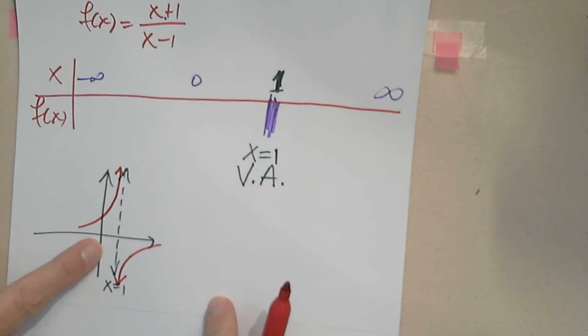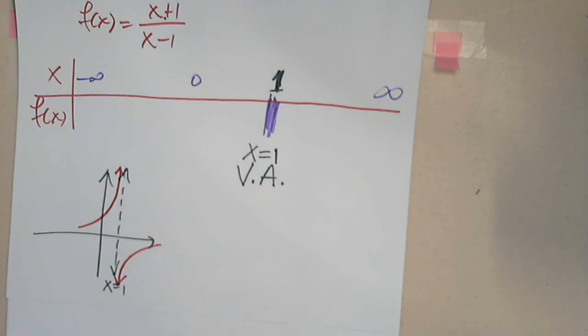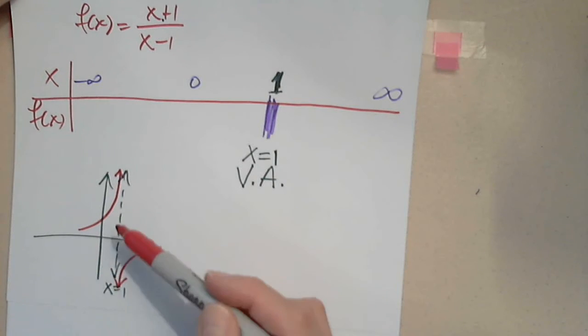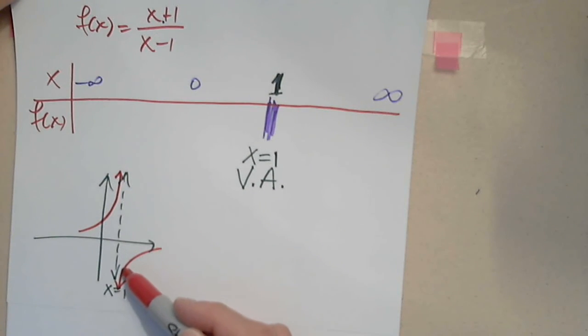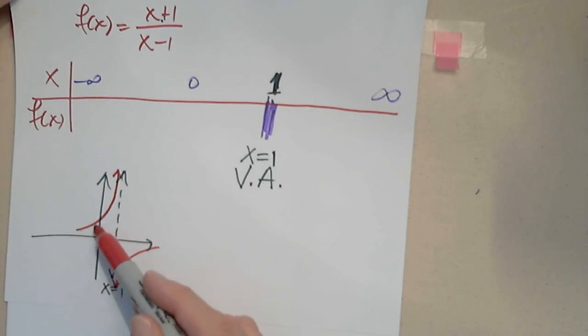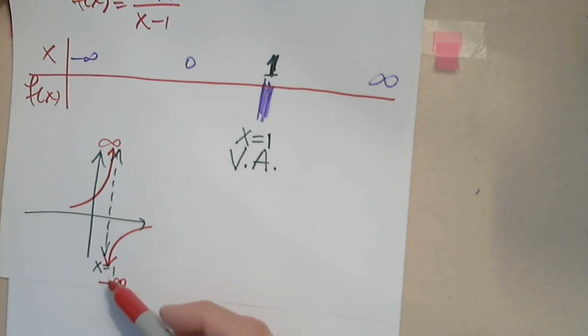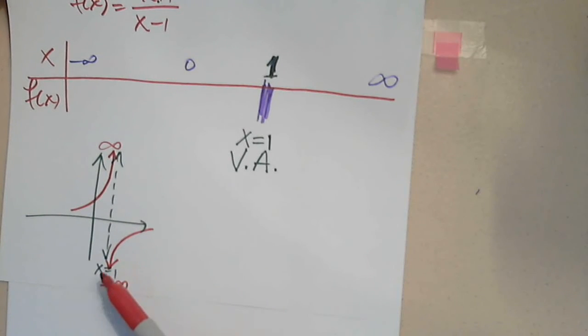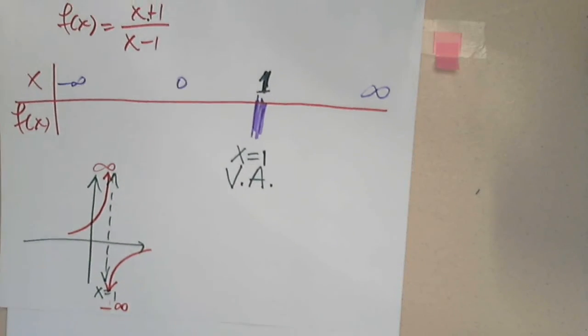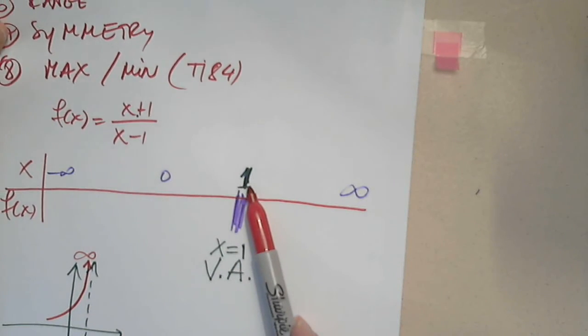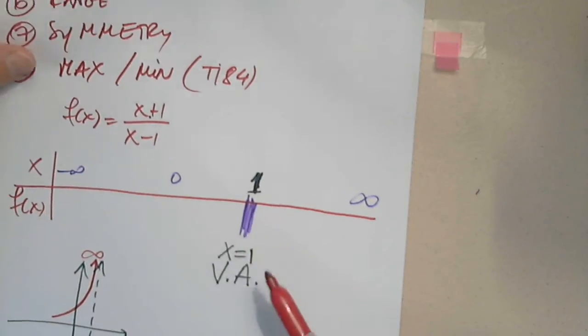It can do the negative on this side and positive on that side. There are 4 possible options. So it doesn't touch it. It gets closer and closer to it. On this side going to infinity, on this side going to negative infinity. And this is the concept of a vertical asymptote. So the function is undefined at 1. It will have a vertical asymptote at 1.